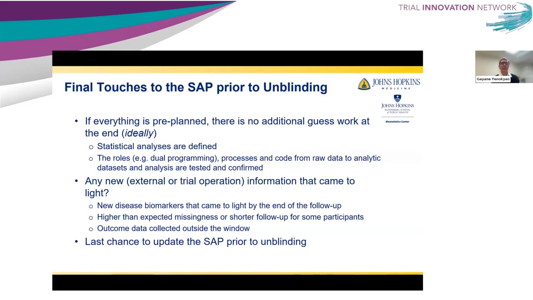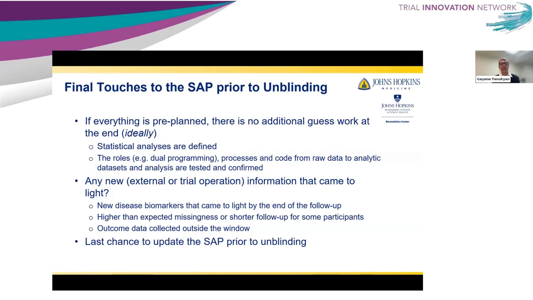We might also have some additional surprises, but these wouldn't dramatically change the SAP. They would just be additional emphasis in our analysis, such as higher than expected missingness, shorter follow-up for some participants for whatever reason, and outcome data outside the window, in proportion to the outcome data collected per protocol.